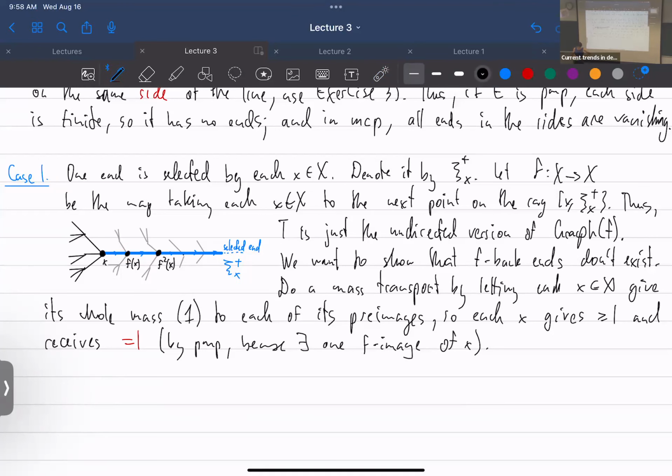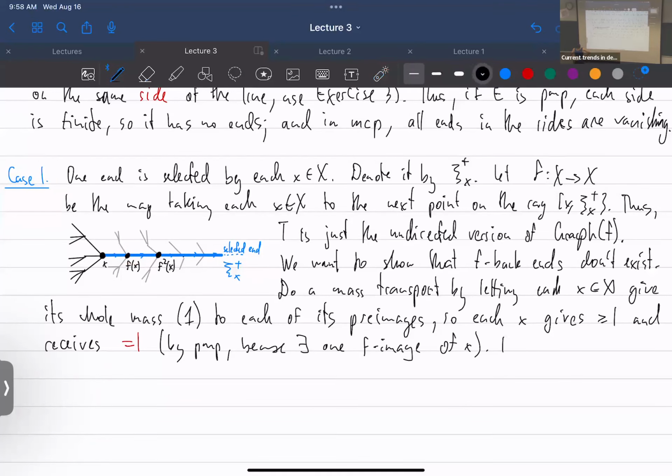Okay, so because we selected only one end, f cannot be essentially two-ended.